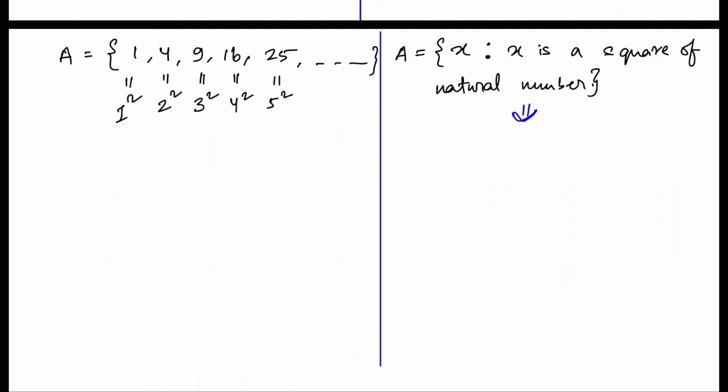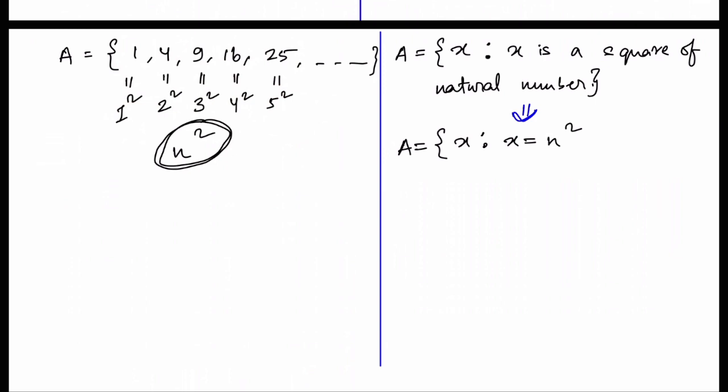Commonly, for all the elements, we can write n square, and n is a natural number. So we can rewrite the set builder form as x such that x equals n square, because all the elements are in the form of n square.